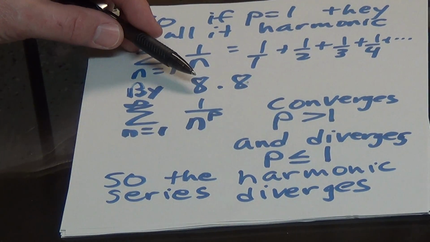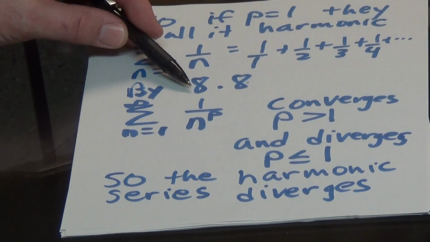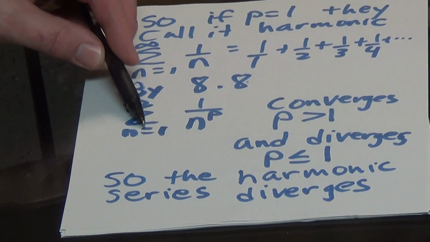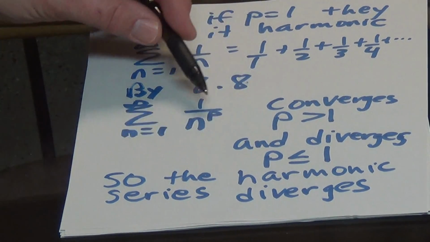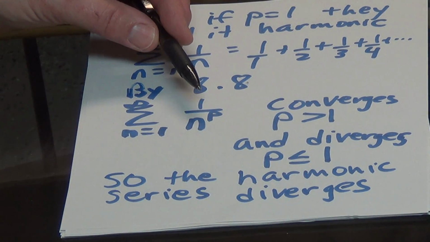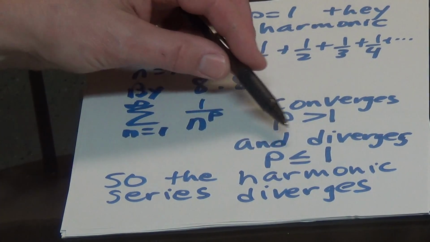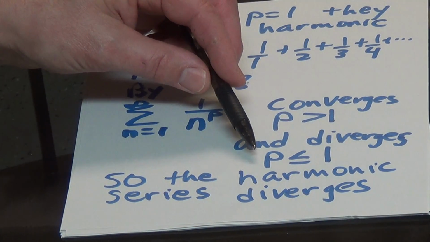So by 8.8 and by 9.3 here, this sum will converge if the p is greater than 1. Because if you remember back from 8.8, you got it converging when the p was greater than 1 on that integral. It diverges if p is less than or equal to 1.